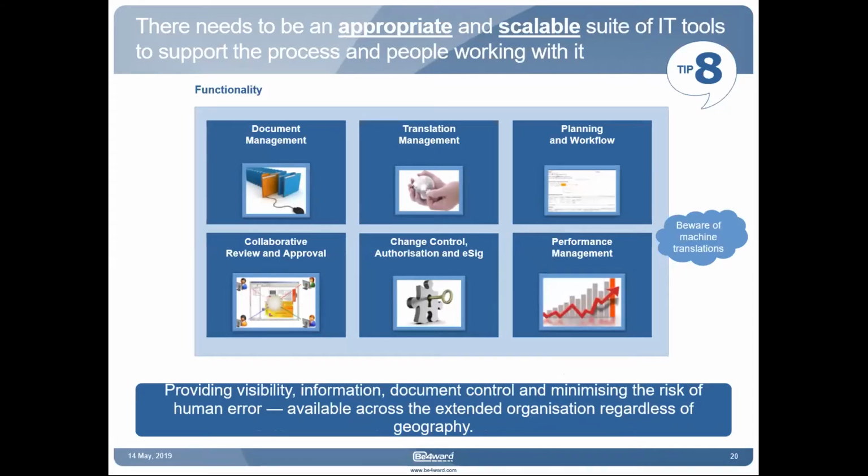Tip 8, IT. So when we engage with lots of companies, IT is normally the first part of the conversation. You can see that we've put it at point 8 in the conversation. You don't solve everything just by throwing lots of IT at it.